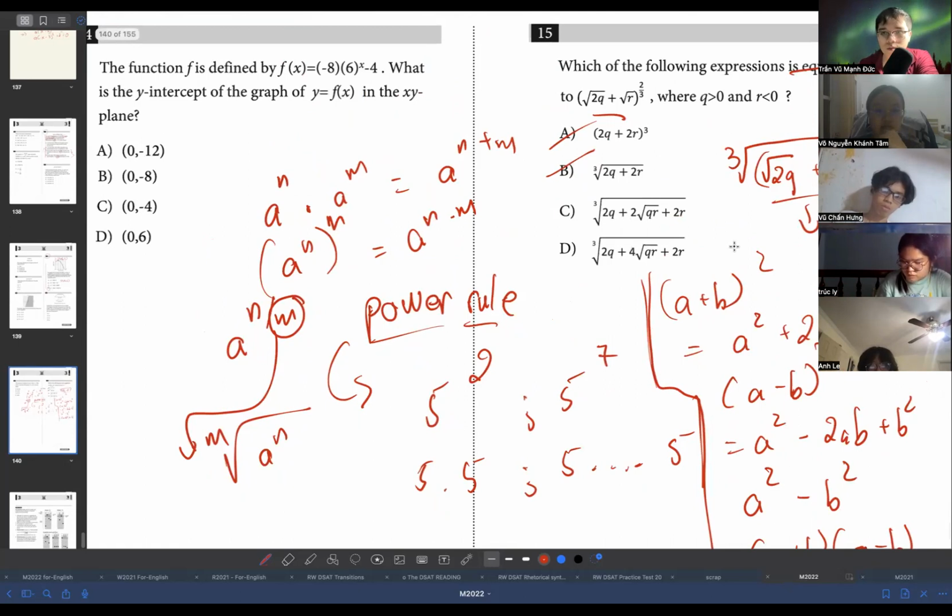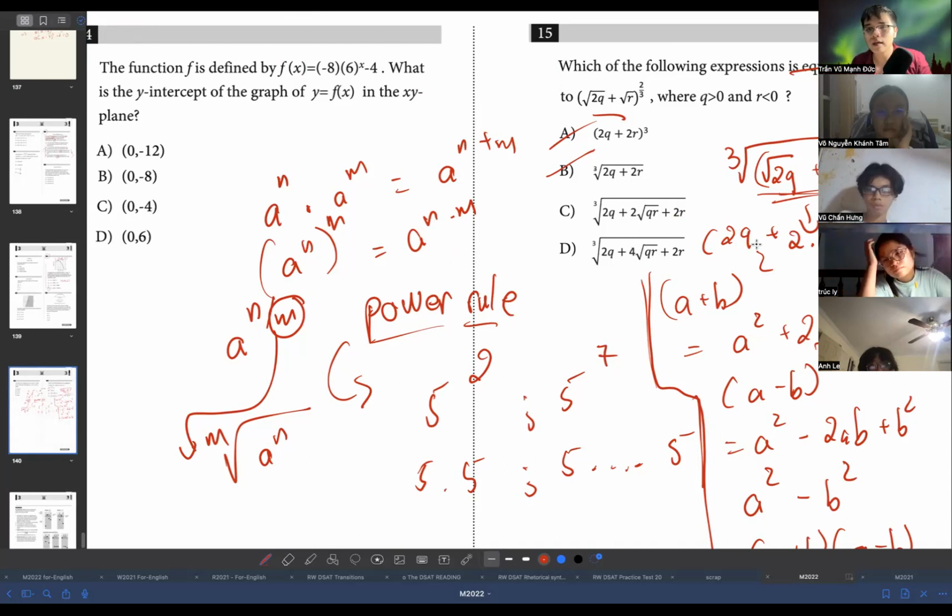So for this case, you will expand this, break out these brackets, and you have 2q plus 2 times square root of 2 times 2. No, sorry. What is it? 2q plus 2 times 2qr plus r. And it will be all cube root.